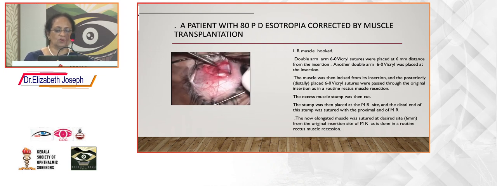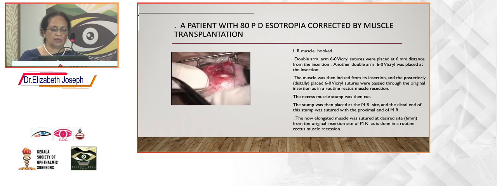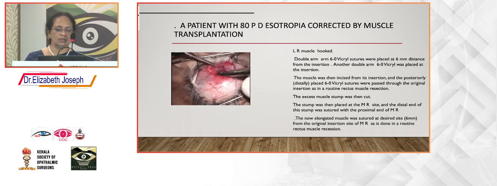I use a 6-0 Vicryl suture, and the sutures are locked so that the entire muscle is kept in the suture. After applying this suture, the suture ends are secured in a clamp, and then another suture is applied 1 millimeter behind the original suture, and in between these two sutures we are planning to cut the muscle.